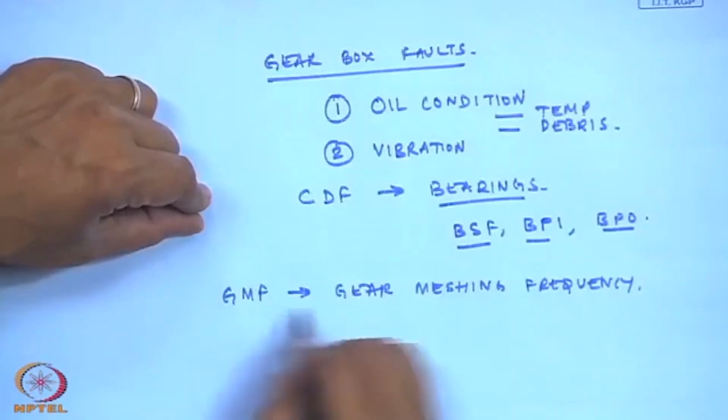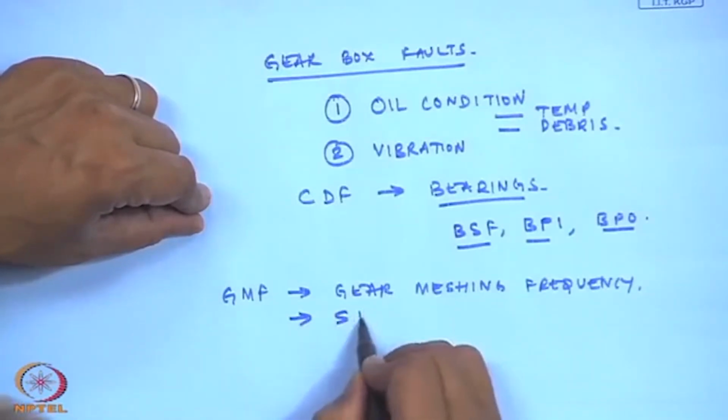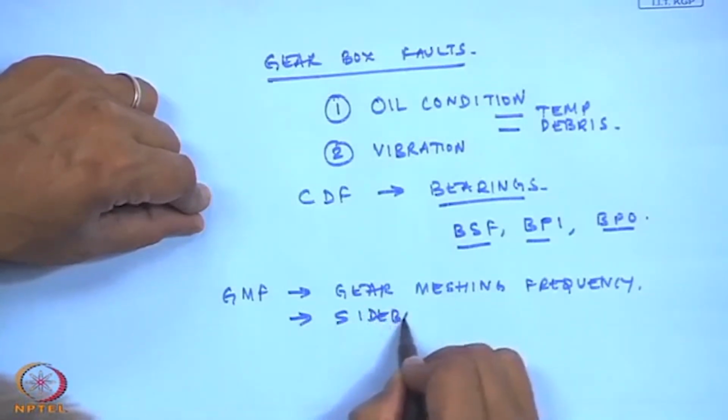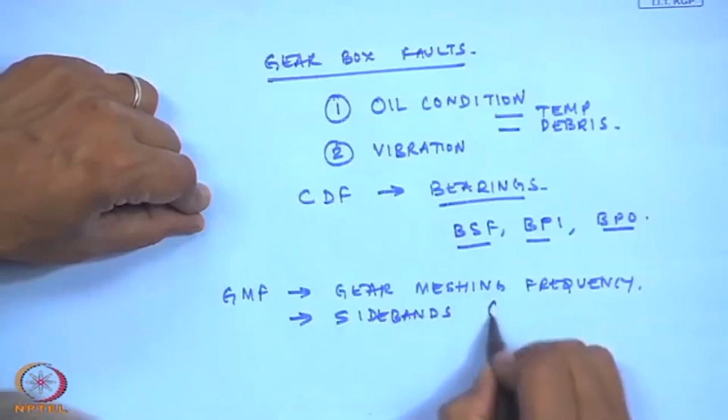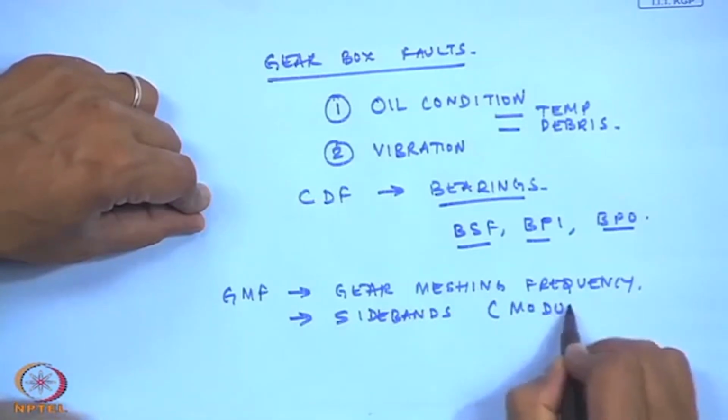So, there will be momentary modulation of the gear vibration because of these defects. So, there will be side bands around the gear meshing frequency because of modulation.